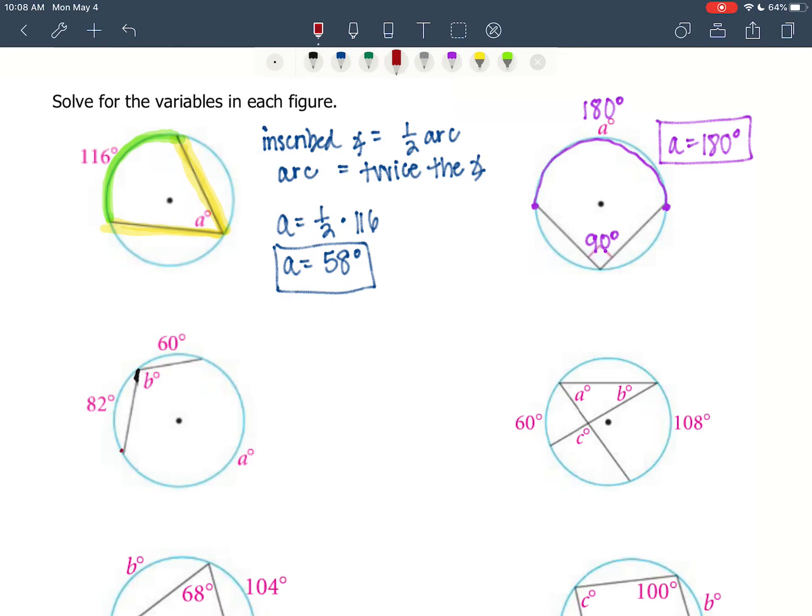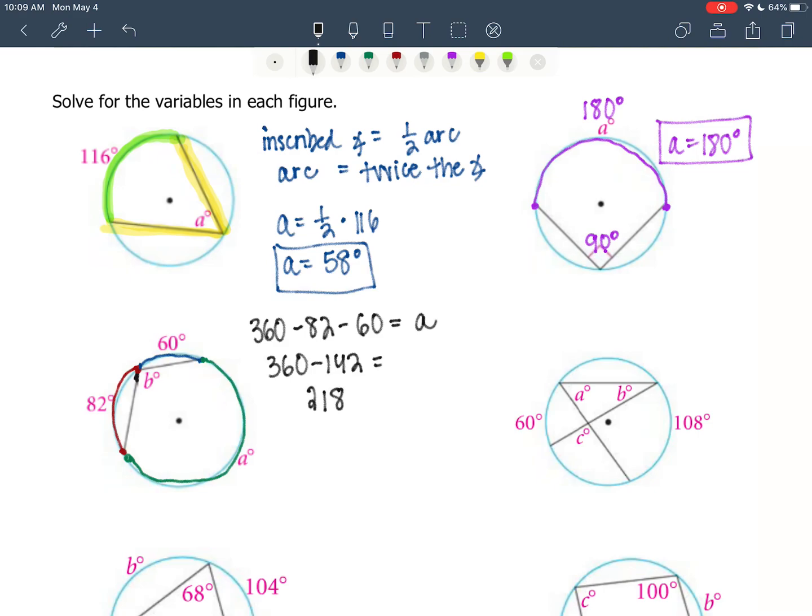Okay, here I have an arc of 82 degrees. I have an arc of 60 degrees, and then I have an arc that I don't know the measure of. But I can find it out because all the way around a circle is 360 degrees. So if I take 360 minus 82 minus 60, I'm going to get the measure of A. The measure of arc A, 360 minus 142, is going to equal 218 degrees, if I did that correctly.